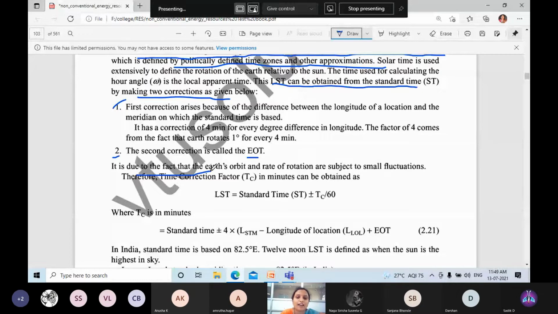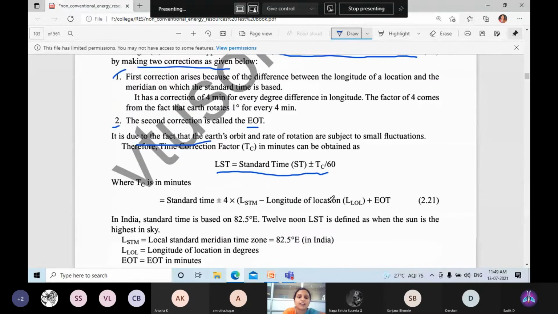The correction factor in minutes can be obtained as: LST is equal to standard time plus or minus TC divided by 60. What do you mean by TC? TC in minutes is 4 into (LSTM minus longitude of location, L_LOC) plus equation of time.